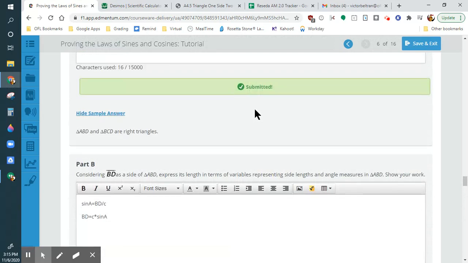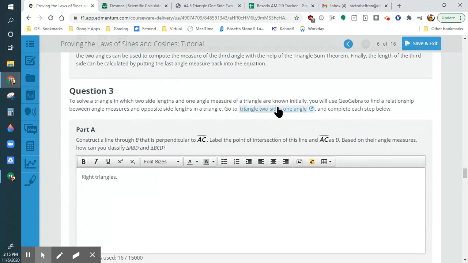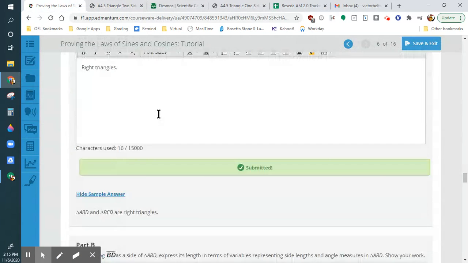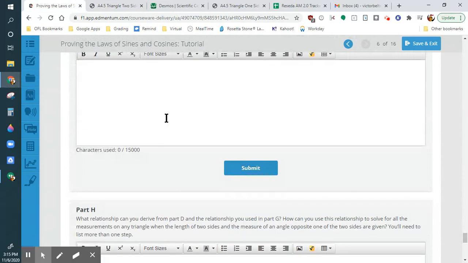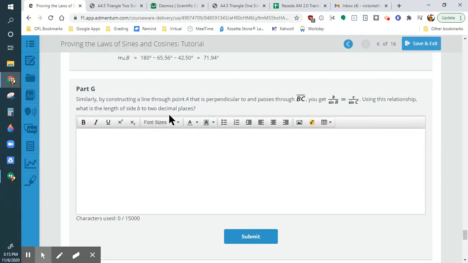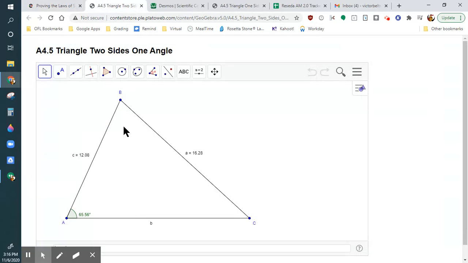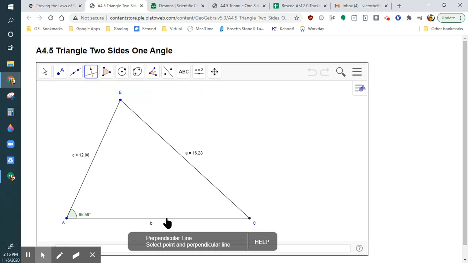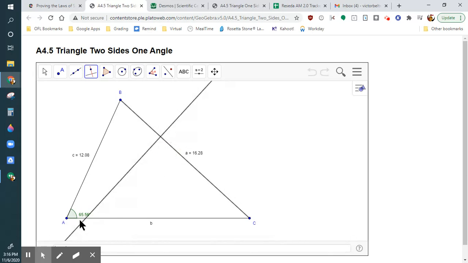That's what I get for not reading directions. Construct a line perpendicular to BC that passes through point A. So again, perpendicular line BC, which is this, passing through point A right there. Cool.